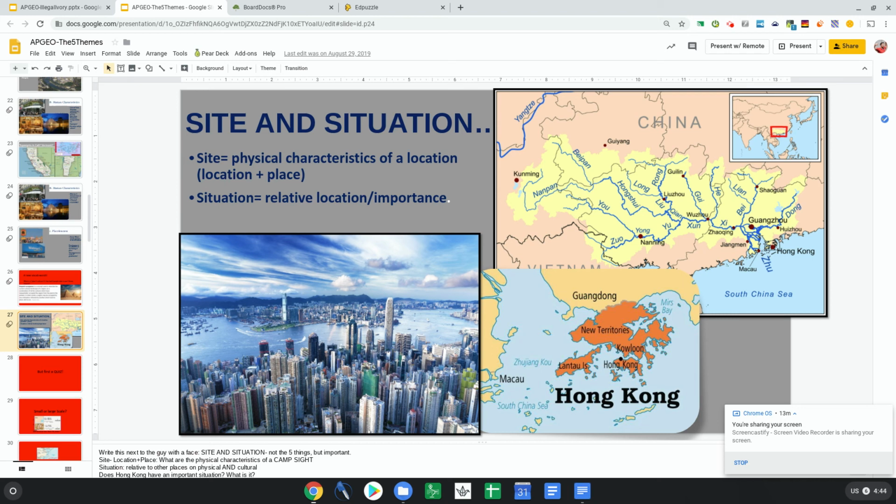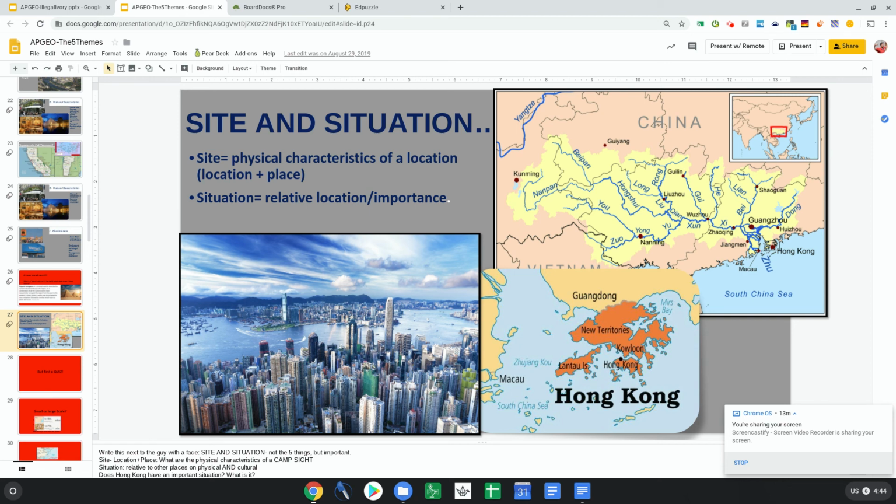We zoom out and we see like, oh crap, they're interacting with a different site. And those two sites' situation are how they are connected to one another. So the site of a place is its location and what it's like. The situation of a place is how it's connected to other places and how it's important to other places.